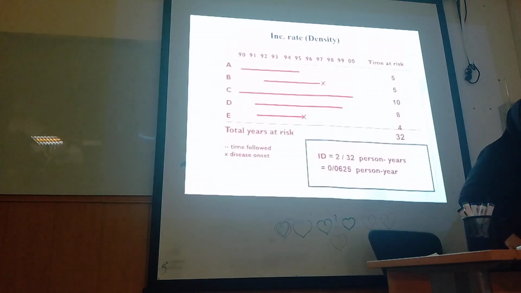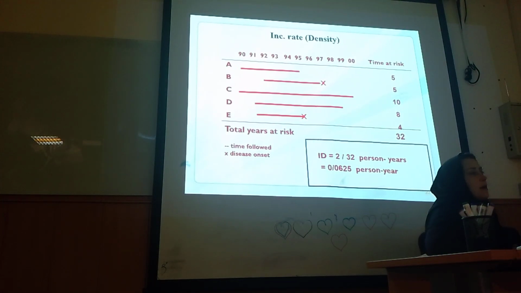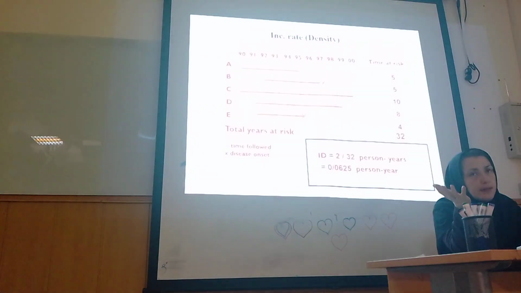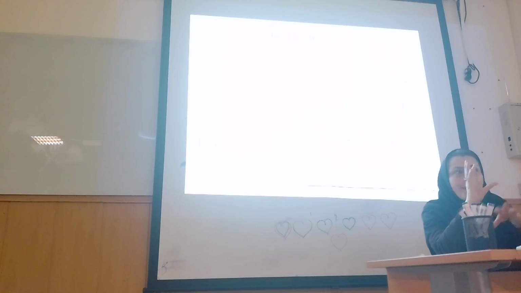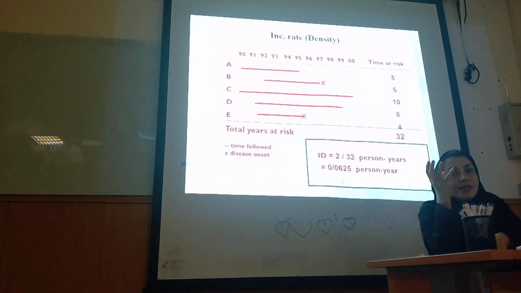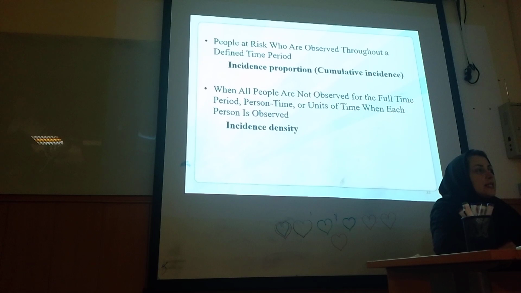Since it is written in the text, we have to know it as incidence rate, but we right now know that it is totally different by the nature of rate. Okay? The real name of this kind of incidence is incidence density.